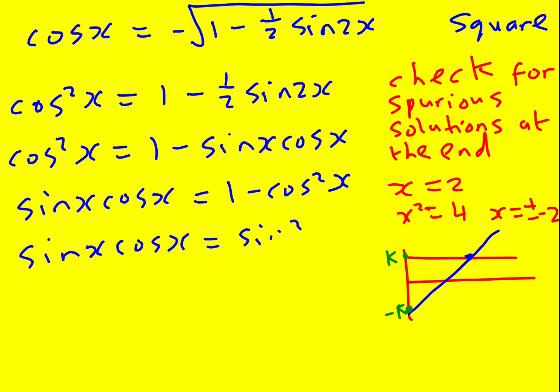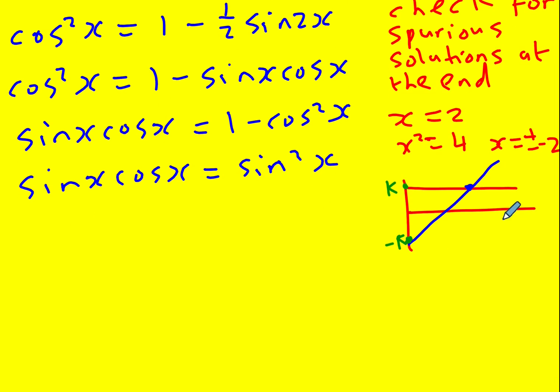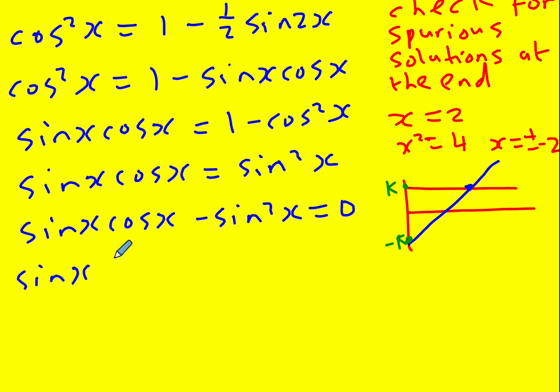Now this is much better because we don't have that 1 in there. In fact, we just have a common factor of sine x now, which we didn't have before because of the 1. So I'm going to now subtract sine squared x from both sides and factorize it out. Okay, and we're well on our way to being able to solve this.